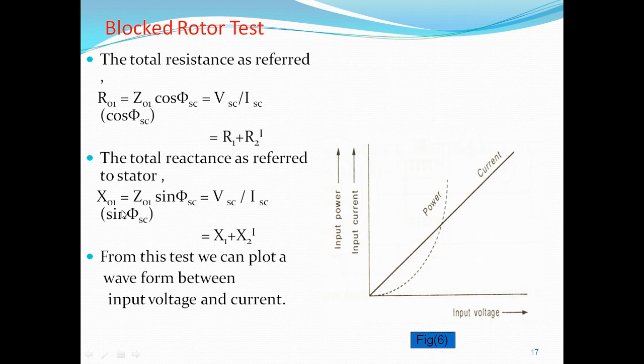Similarly, X naught 1 is equal to X1 plus X2 dash, where X2 dash is the secondary reactance referred to primary. So that is V by I cos phi, and V by I sin phi. So this is the graph.